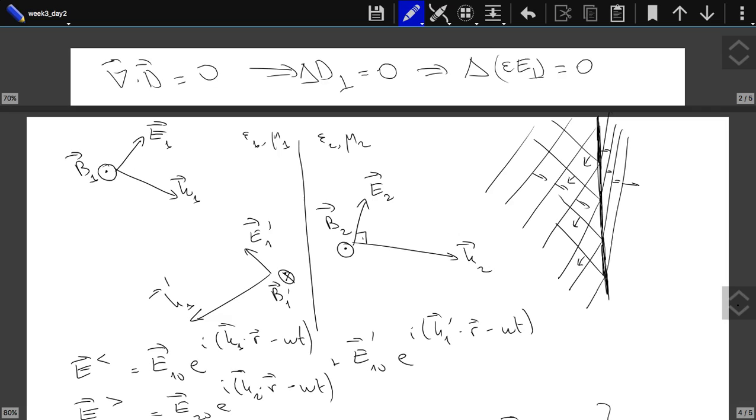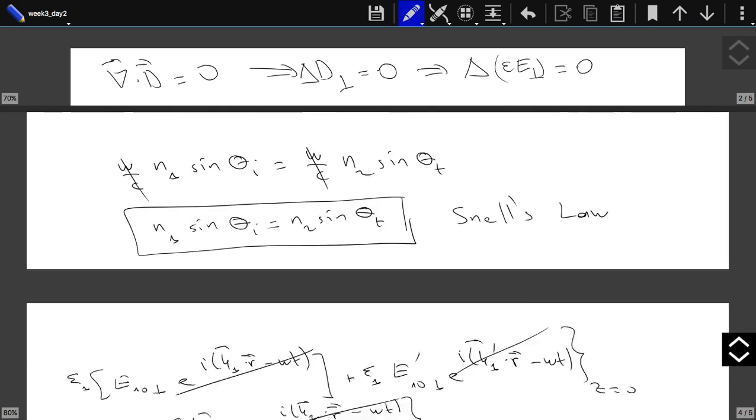So we basically have two unknowns. We had four unknowns, the magnitudes and directions. But the two angles we had already determined using the Snell's law. So we are left with two unknowns. So we still need two equations for the magnitudes. Well, this is one of them.